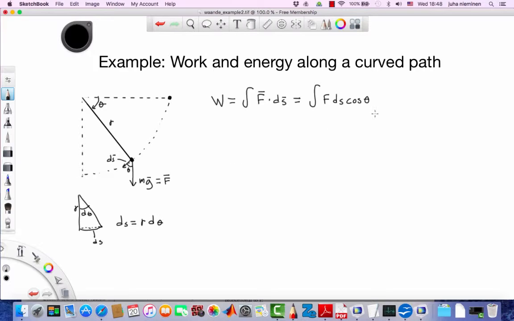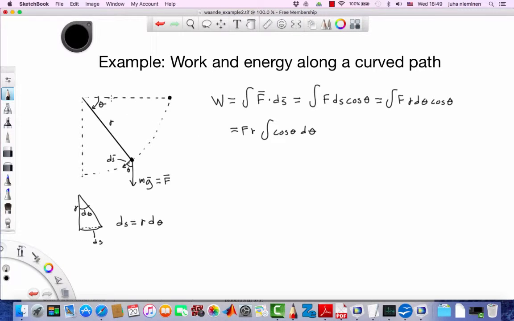And substituting that here, we have F times r d theta cosine theta. And we can take the constant terms out, so F is just the gravity, so that's going to be constant, and r is constant, so we have F r times the integral of cosine theta d theta.